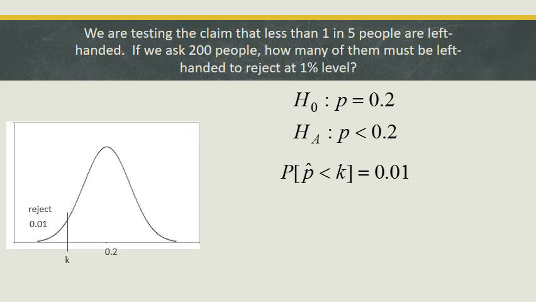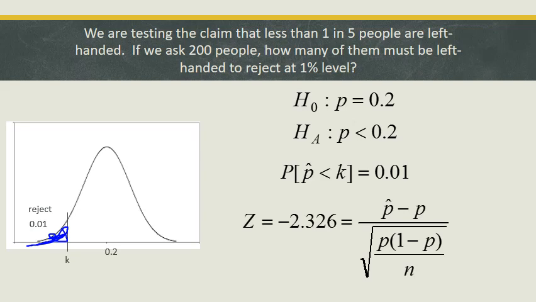This question is asking about the 1% critical value for the test. So there is a number k such that if the sample proportion is below this number, then we would reject the null hypothesis. We know that if there is 1% area in the left tail, then z is equal to negative 2.326.